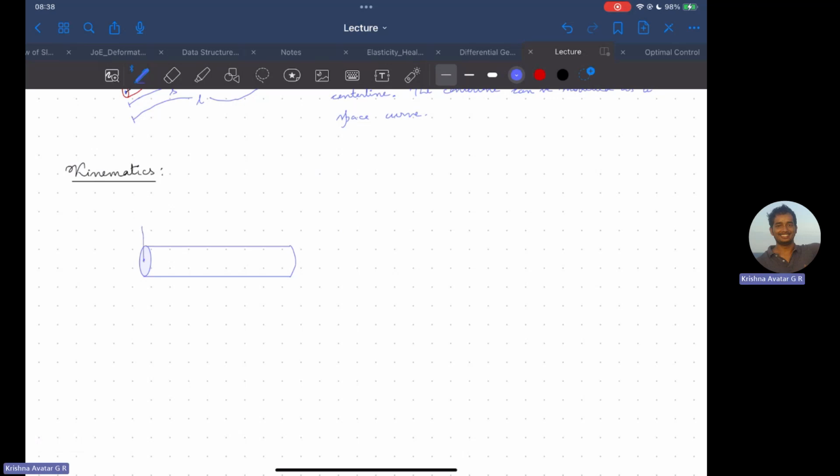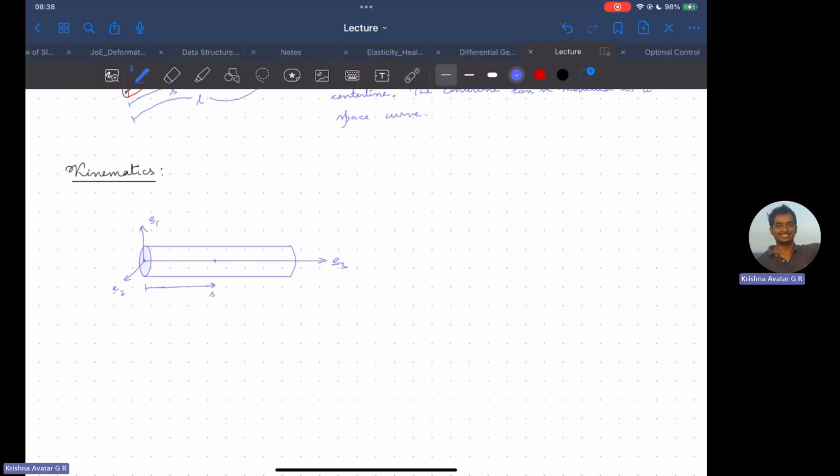This is the A3 axis and e2, and s starts from here to some point s along the center line.